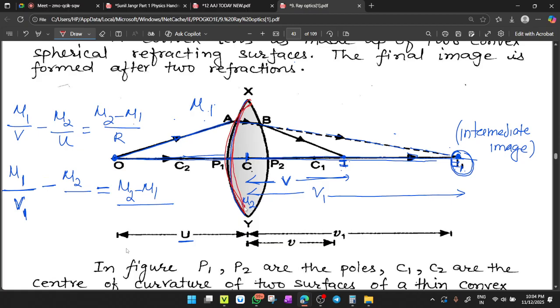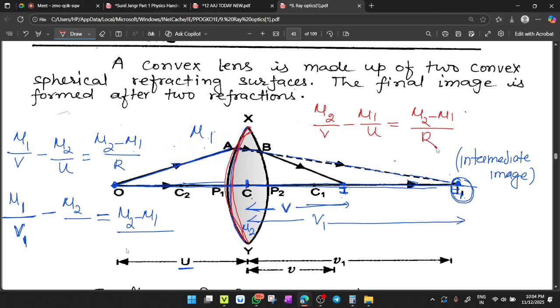So the formula for refraction from rarer to denser medium is mu2 upon V minus mu1 upon U equals mu2 minus mu1 upon R, right? So here in place of V it will be V1, because the distance of the image equals V1. So mu2 upon V, it will be mu2 upon V.